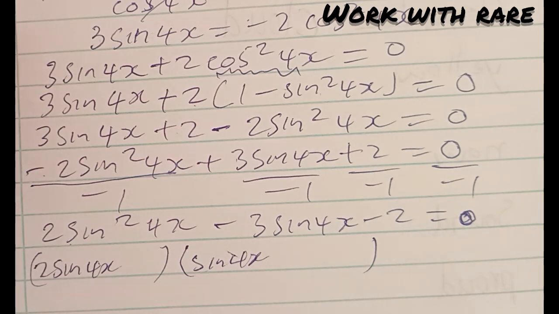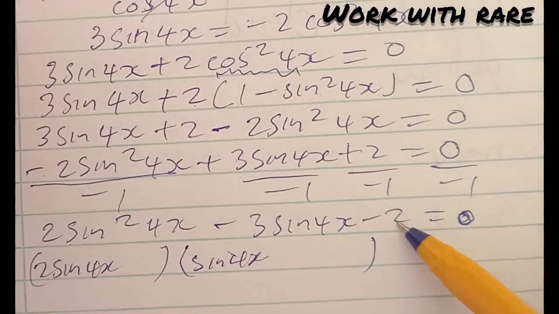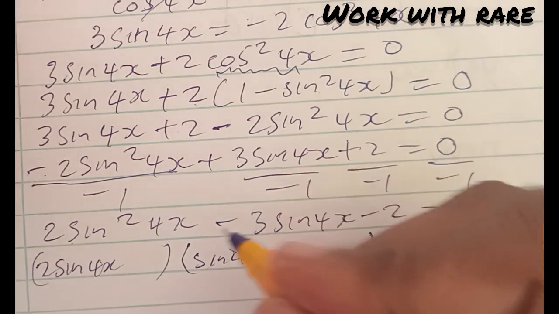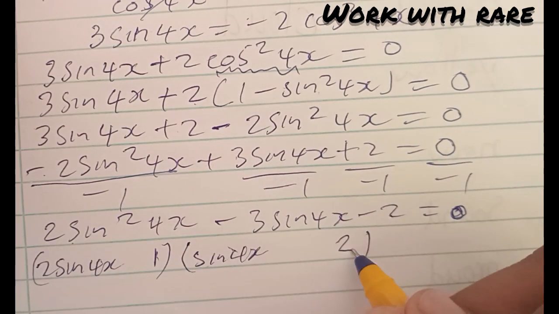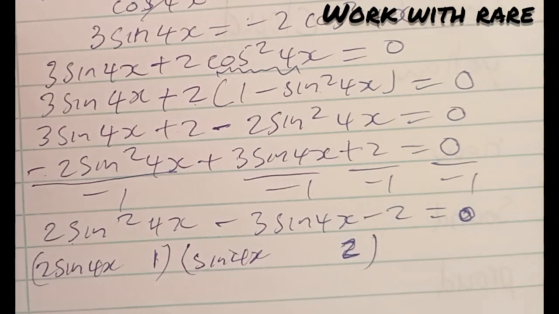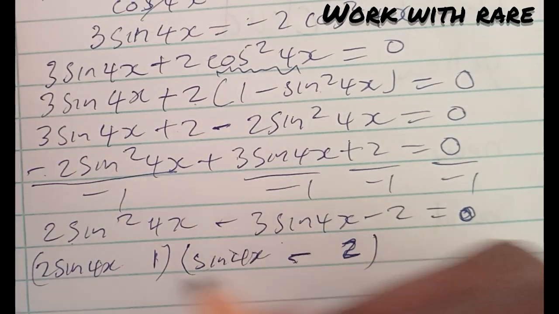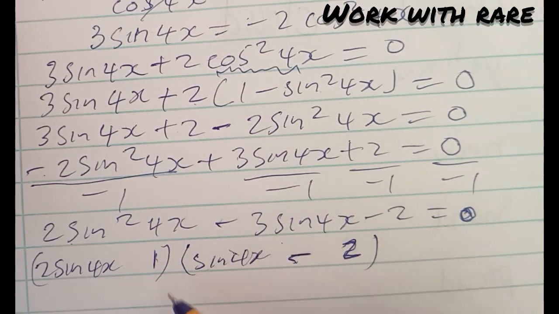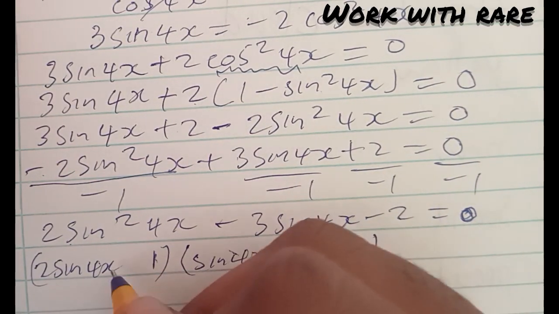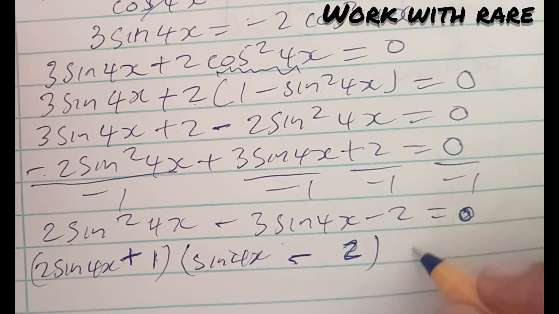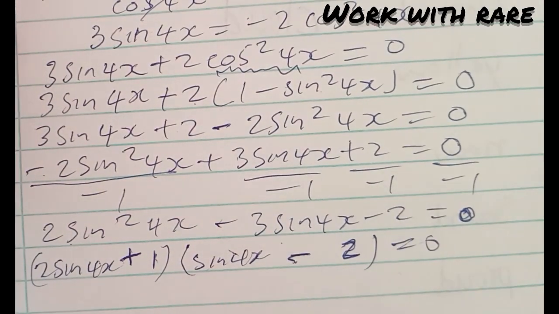And here, in the second bracket, we can have 1, and here we can have 2, and we say the bigger number takes the sign of the middle term, and our middle term is negative, so 2 is greater than 1, which means here it's negative, and since here it's positive, and negative multiplied by positive is negative, here we'll have positive. So it's equal to 0.